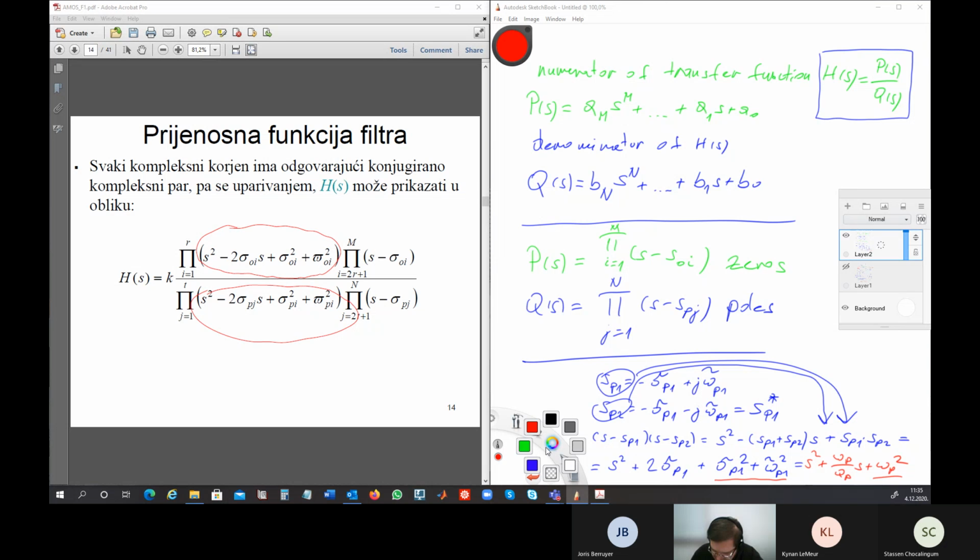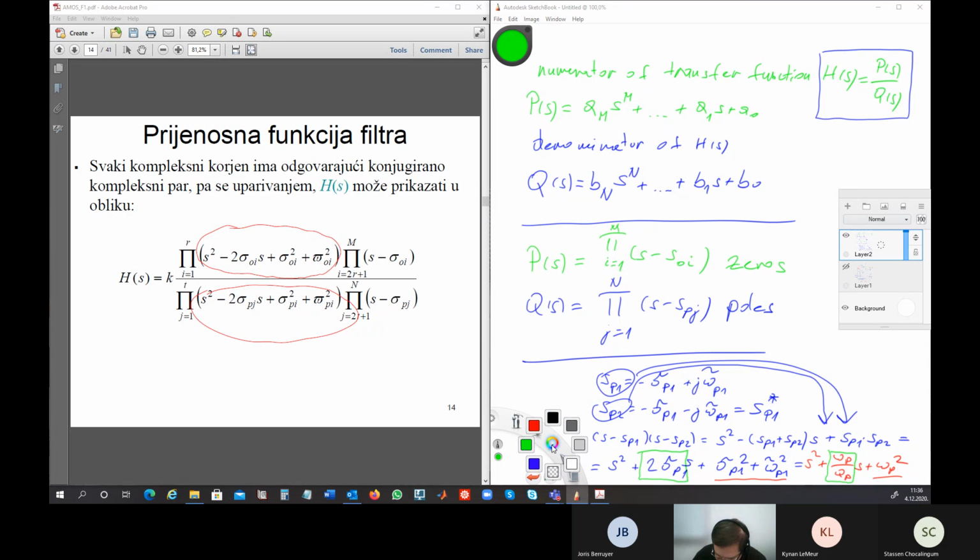This term here can be compared to this term here. And then we have another possibility, which is we can write here omega p over Q p.